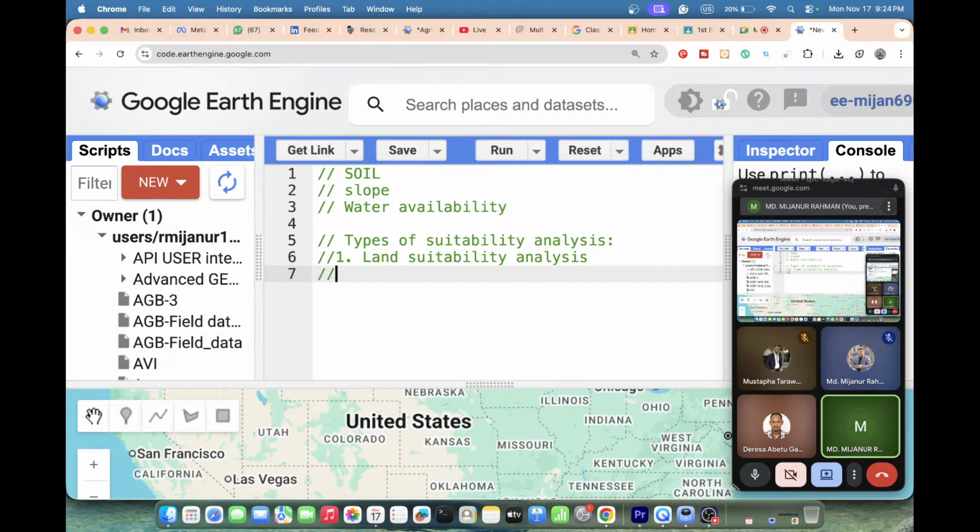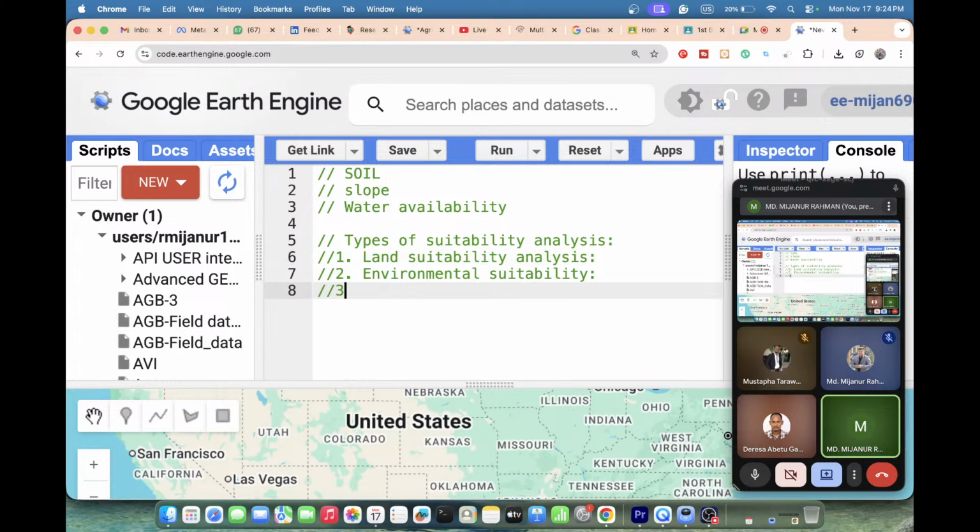We can also do another type, environmental suitability. In this case, you can do it for protected areas, wildlife corridors, or pollution risks. Okay, identify pollution risk areas.